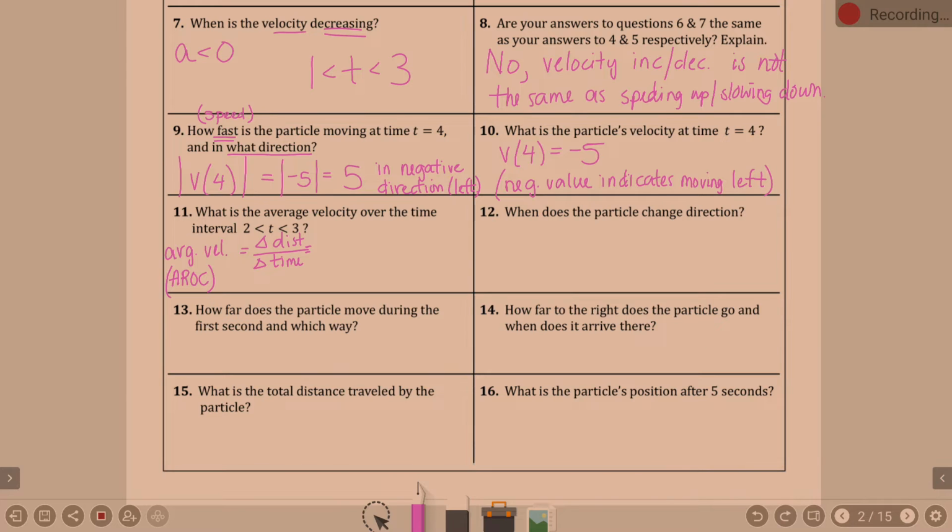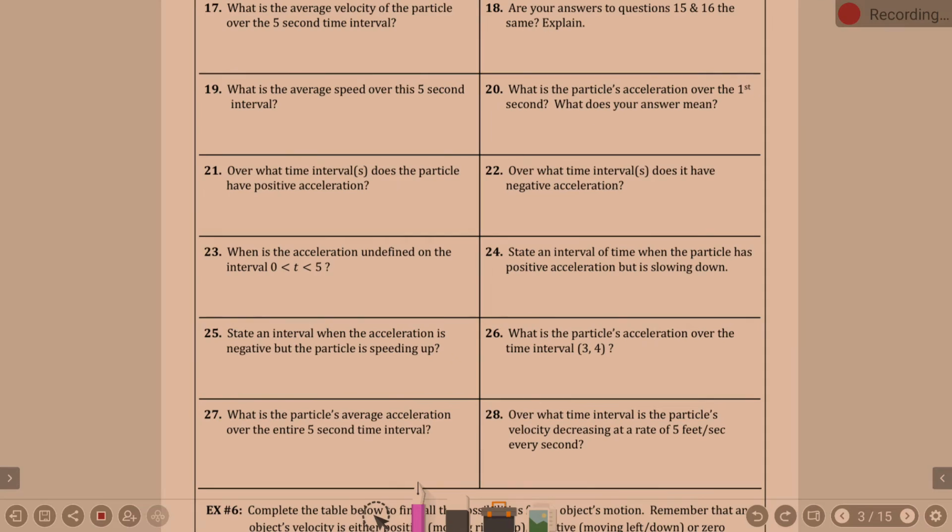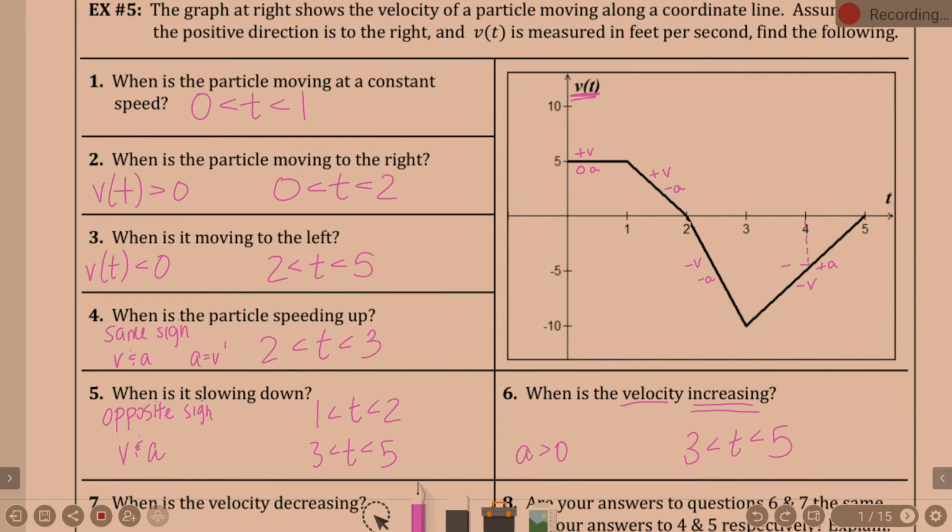Now, this is on the interval from 2 to 3, yes? Okay, so interval from 2 to 3. Wait a minute here.